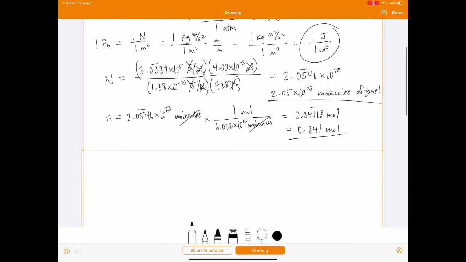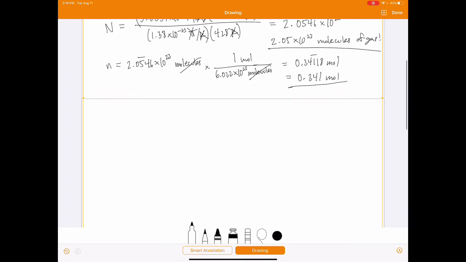All right, finally, what is the mass of the gas in this container? So now we have to account for the fact that the type of molecule we're dealing with is CO2. Okay, so we have a carbon atom in this molecule.